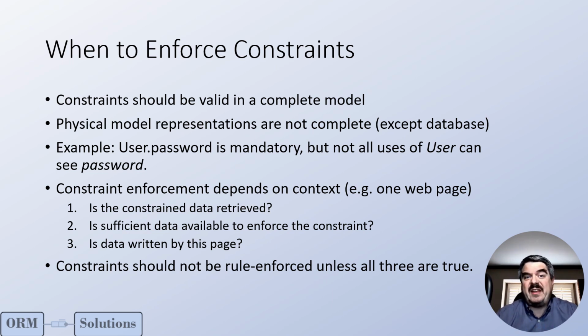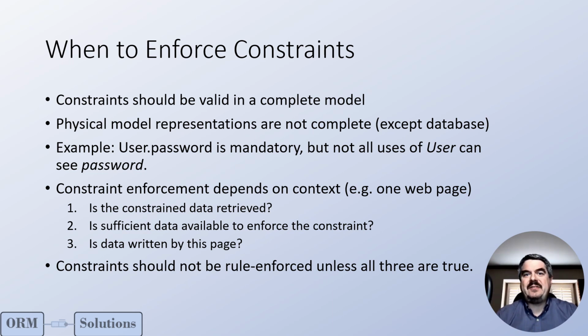Because I will always have an error because my current user object will always be missing its password. So that's a rather extreme case, but it's pretty common to be in that situation where you have some information about an object, but not all of it. In fact, that's what you want for performance reasons and also often security reasons.